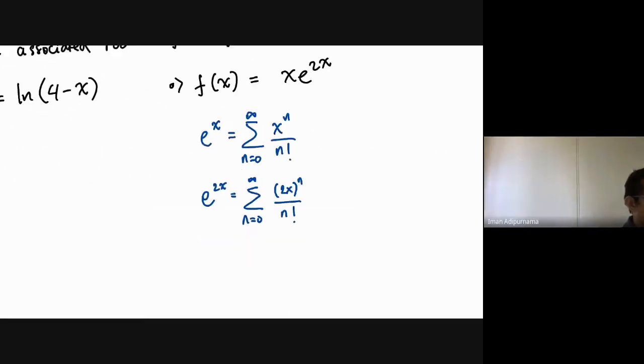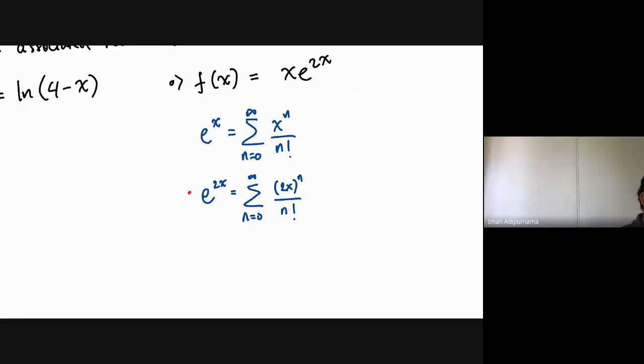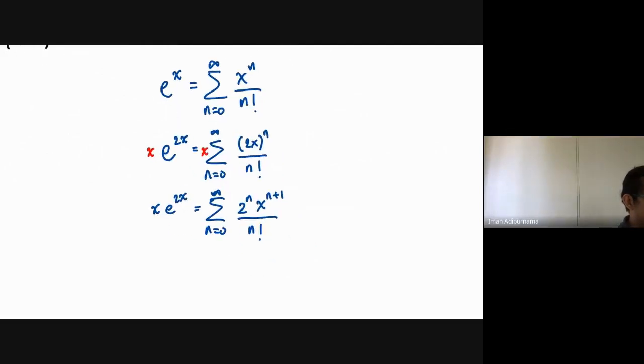And then you just need to multiply with x. So this is just 2^n x^(n+1) over n factorial, right? And the radius of convergence, for this case, if you check, it will be for all x, right?